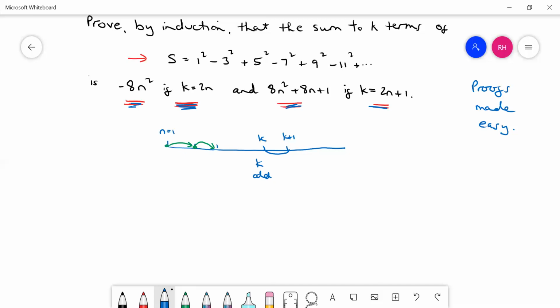And then you could separately do what happens if k is even, and prove that if k is even, then k plus 1, which will be odd, is true. And then back here, you'd have to have, as your initial steps, n equals 1 and also n equals 2. The combination of all that would be sufficient to prove it.